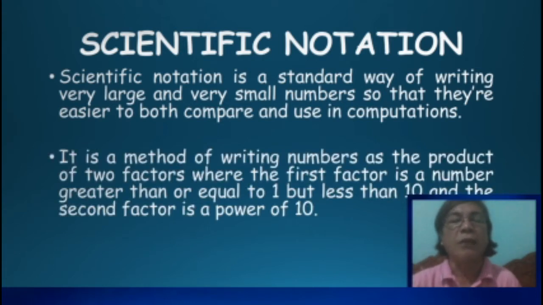It is also a method of writing numbers as the product of two factors, where the first factor is a number greater than or equal to 1 but less than 10, and the second factor is a power of 10.